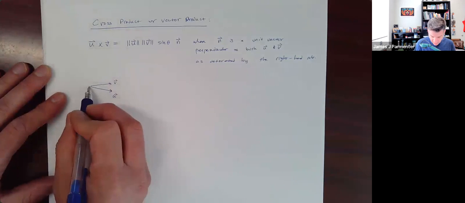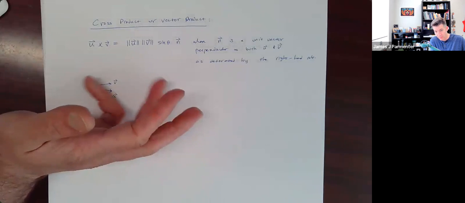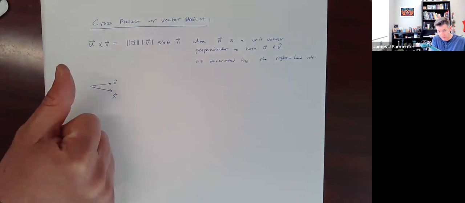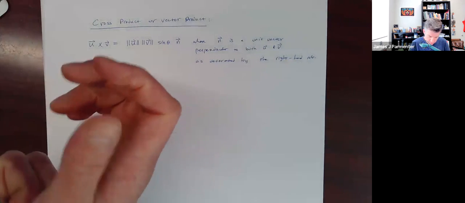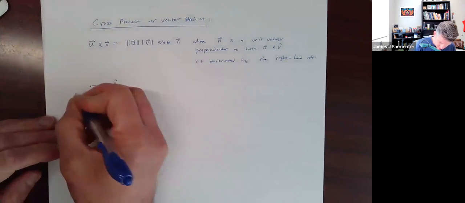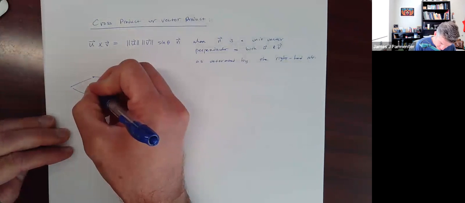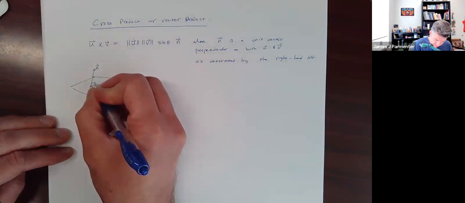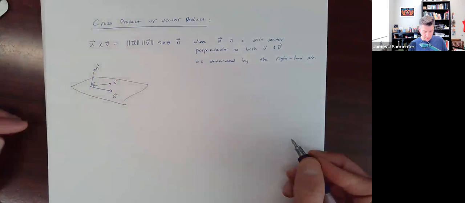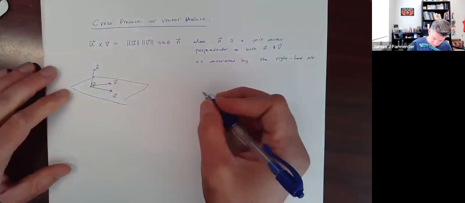If you put your fingers along u and curl them towards v, your thumb should point in the direction of the cross product. So let's say these both live in this plane here, then here is n shooting out of the plane, where n is perpendicular to both u and v.